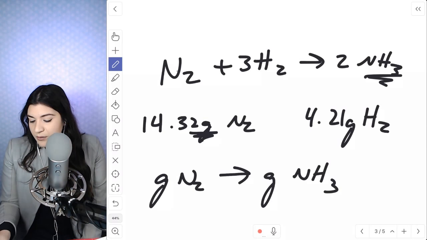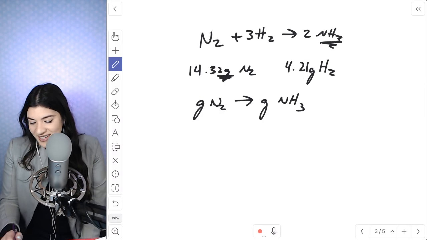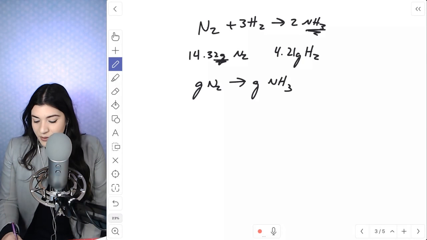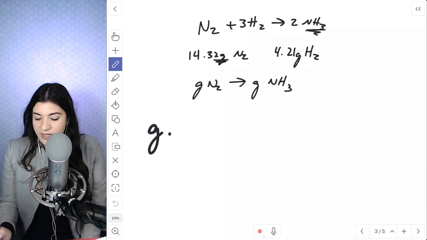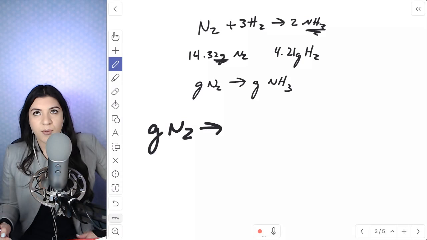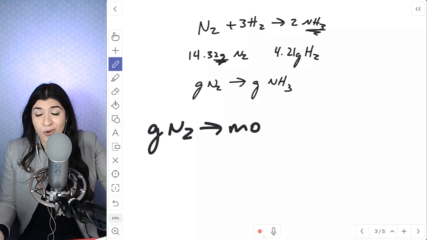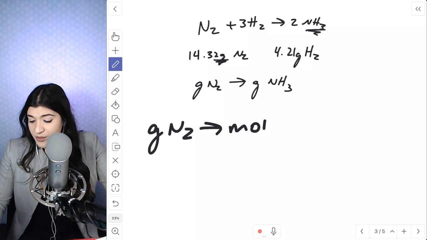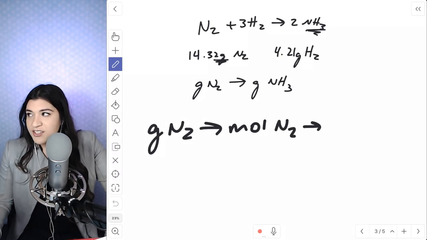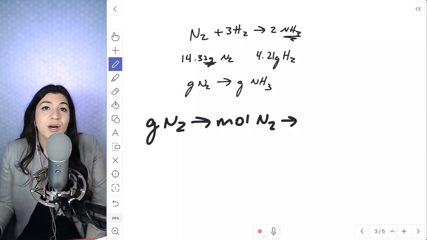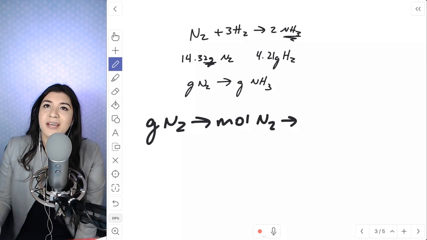Now, let's go ahead and do this. I'm going to build a plan going from grams of N2, and I'm trying to make my way to grams of my product NH3. First things first, if you don't know where to start, change it to moles. So changing to moles of N2. Now that we have to change the compound, we have to use a mole to mole ratio, which comes from the balanced equation.